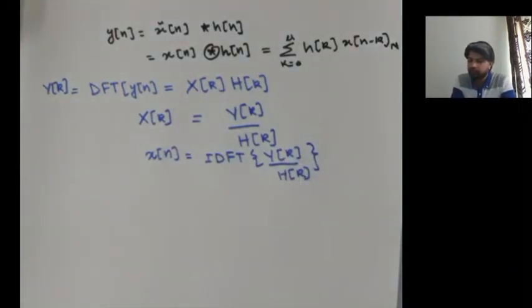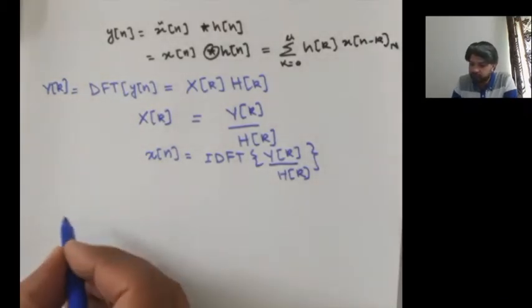Remember, because this is a discrete Fourier transform and inverse discrete Fourier transform, you only require capital N samples out of the N plus mu samples you have transmitted using x tilde of n.